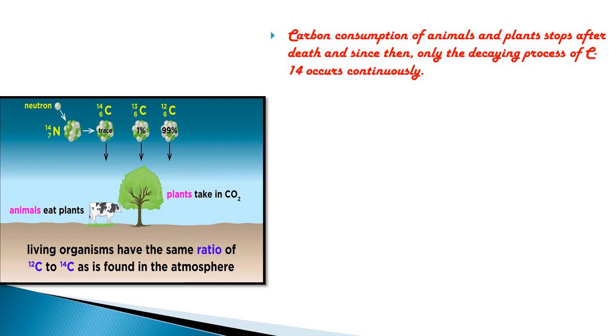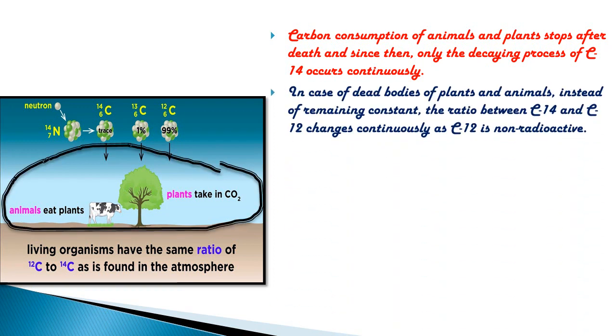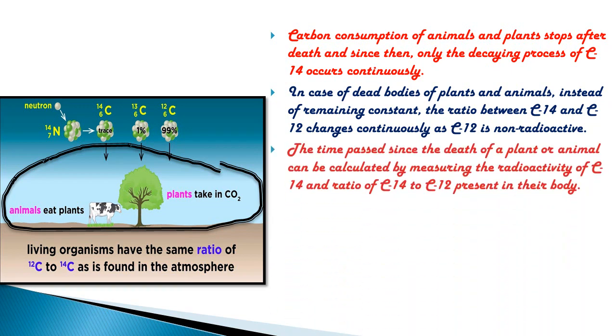In the dead bodies of plants and animals, instead of remaining constant, the ratio between C14 and C12 changes continuously, as C12 is non-radioactive. So as C14 starts decaying after the death of the animal, the ratio of C14 to C12 starts decreasing.